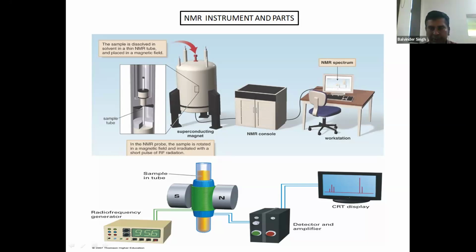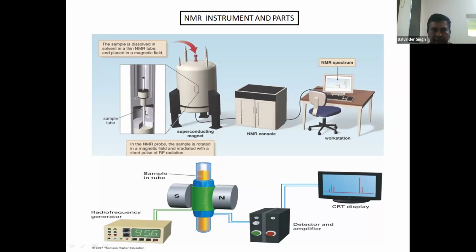It has mostly liquid nitrogen filled inside it, and in the center part we have helium, and there is a probe which is used to record the signal, and at the top we have an arrangement to add the sample.